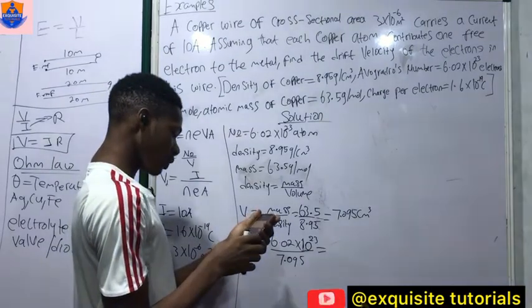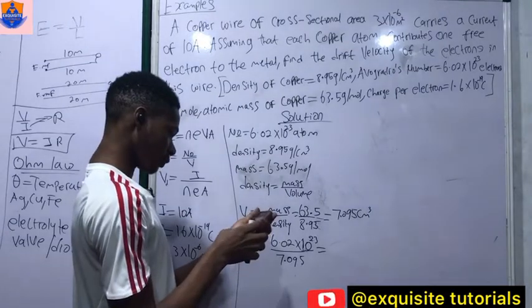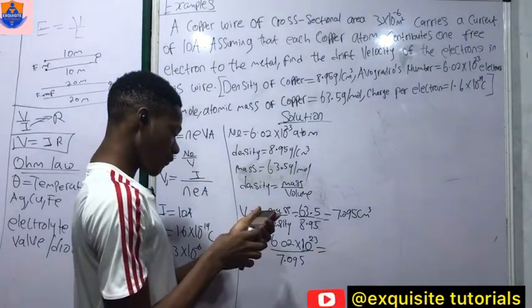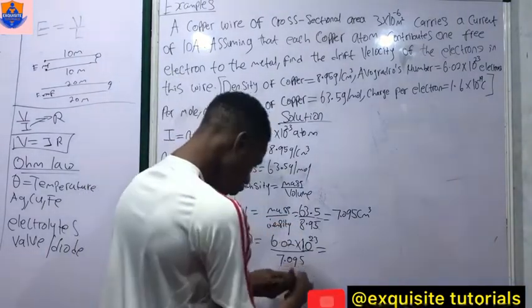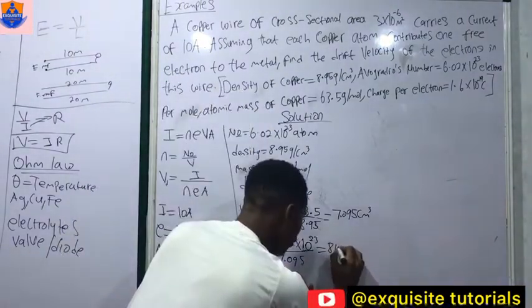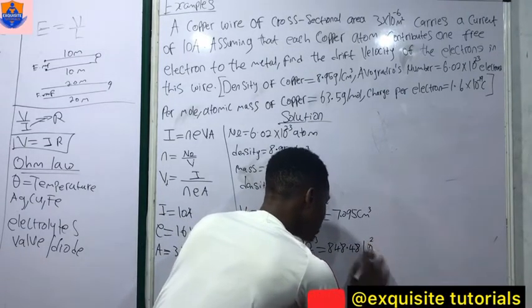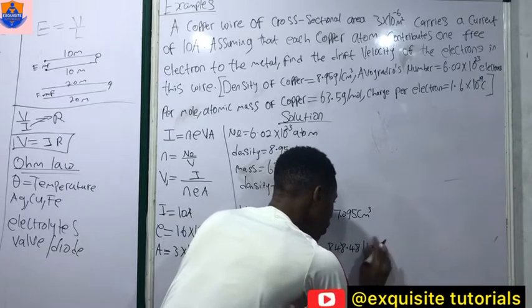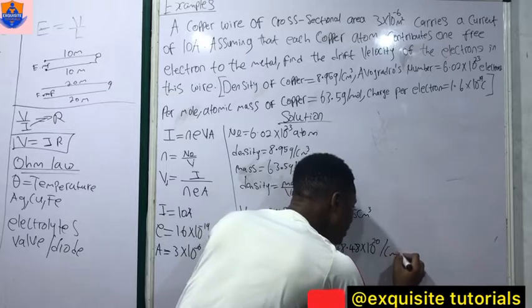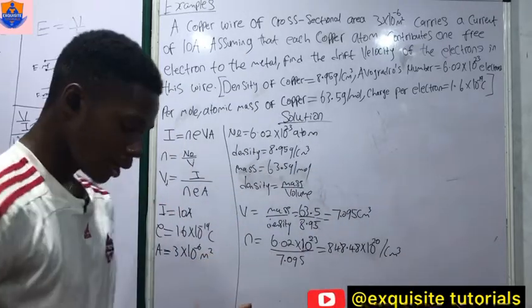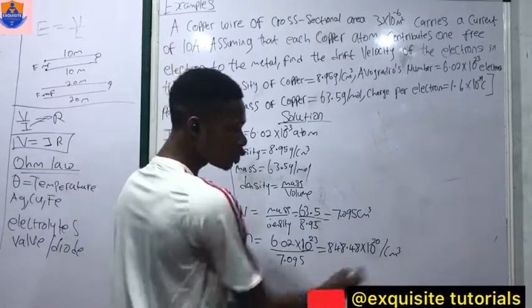We get a value of 848.48 times 10 to the power of 20 per centimeter cube. Okay, this is the number of atoms present in 1 cm cube of volume.